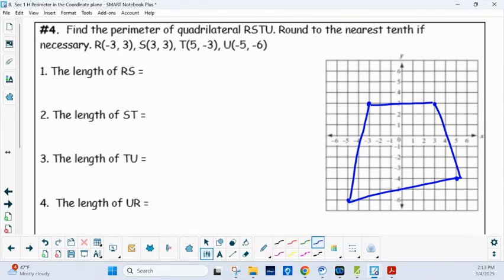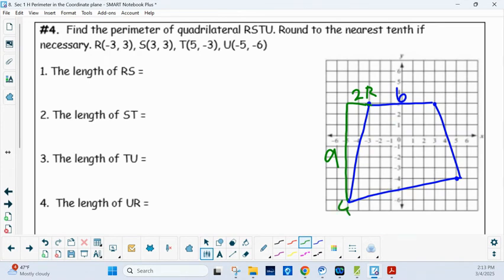How long's the top side? 6. Okay, so then you can make a right triangle, just be careful. All the way over, so that's a 2, then 1, 2, 3, 4, 5, 6, 7, 8, 9. 9 there. From R to U.